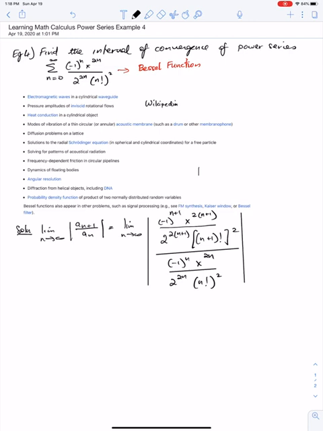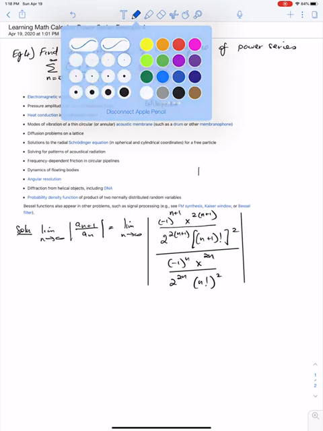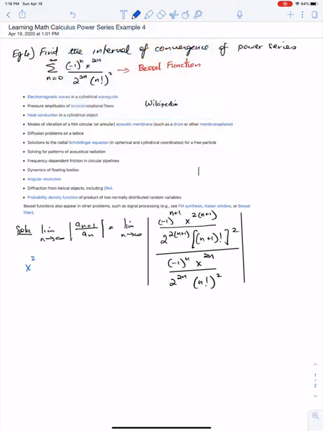Okay. Now, just a little thing to know: x^(2n+2) I can write as x^(2n) times x squared.